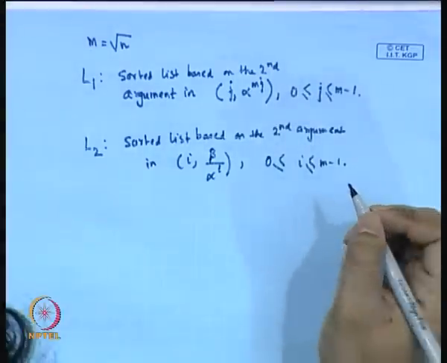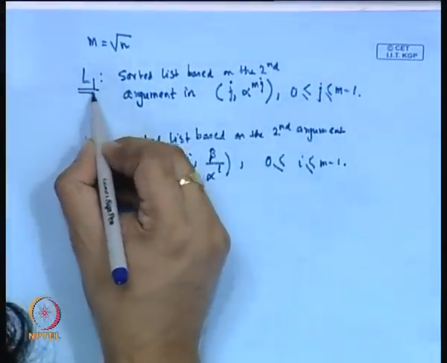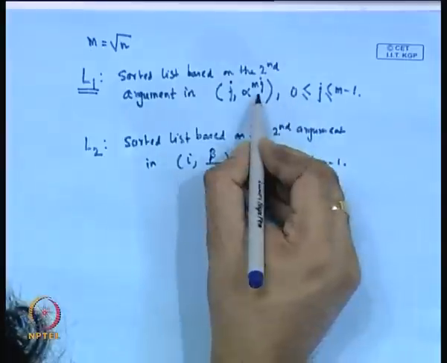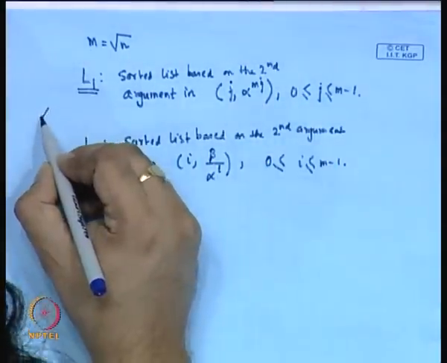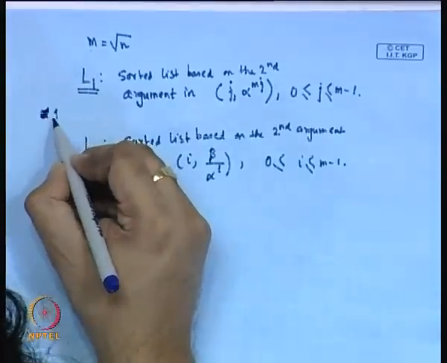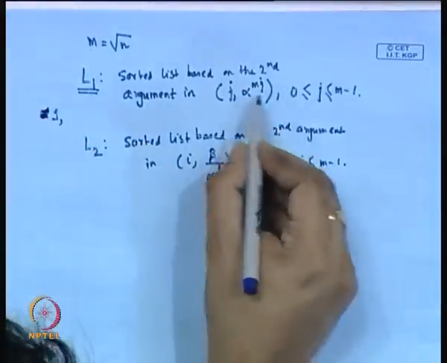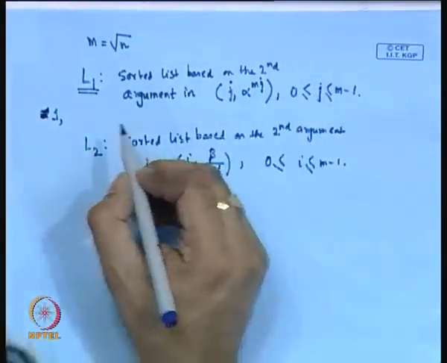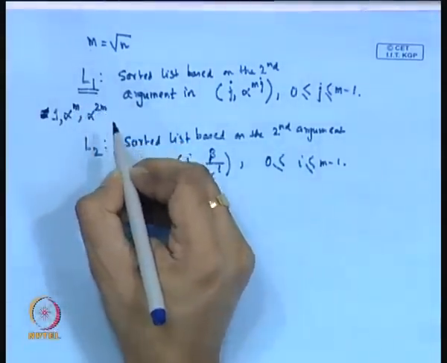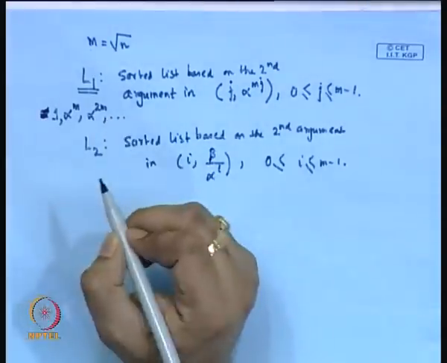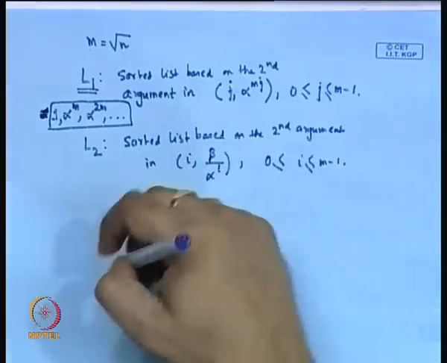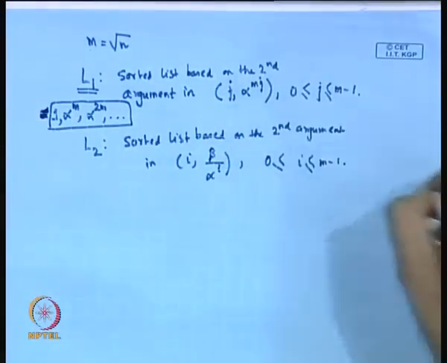Now you note that in L1 the elements are computed how? When j equals 0, it is alpha power of 0, that is 1. Next, when j is 1, it is alpha power of m, then alpha power of 2m and so on. So it is a kind of a big jump.